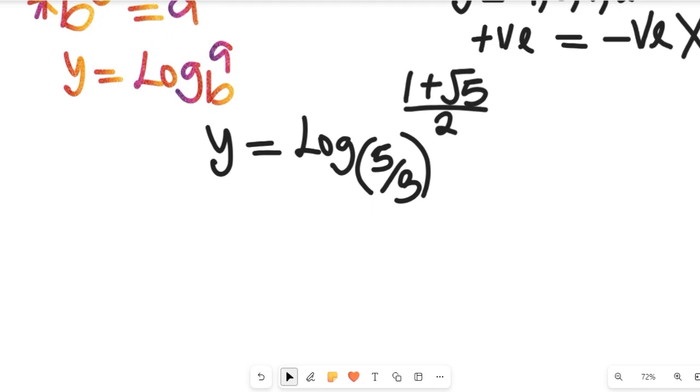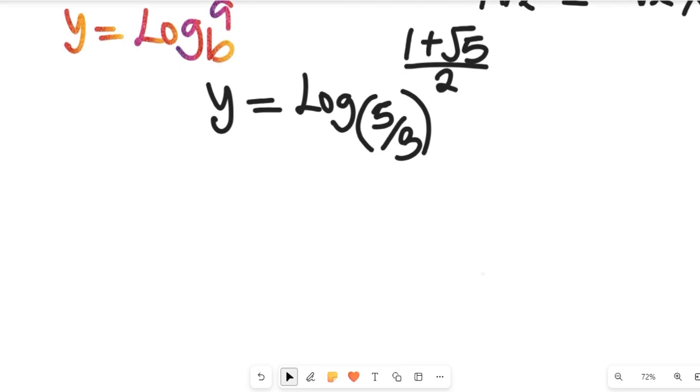And that is exactly what the value of our y will be. So if that value of y can give us that expression, that means we can simply find the value of y.